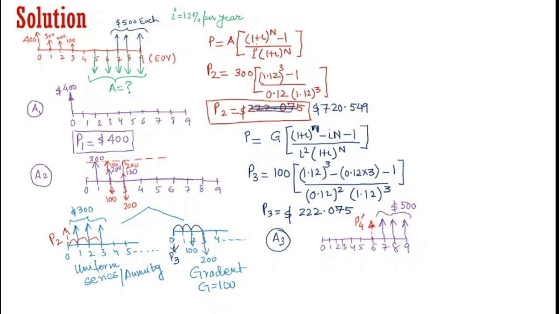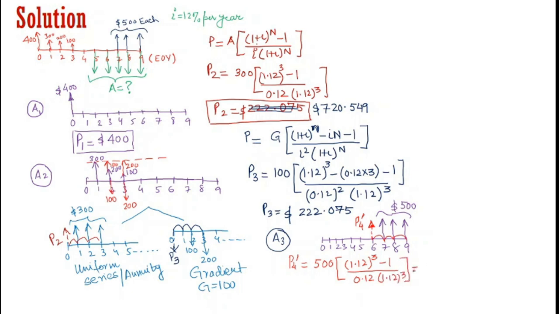Again the same formula, the relationship between P and A. Putting in the numerical values, P4 dash will be equal to A, which is 500, times (1.12 to the power 3, counting the years 1, 2, 3, minus 1) over 0.12 times 1.12 to the power 3.